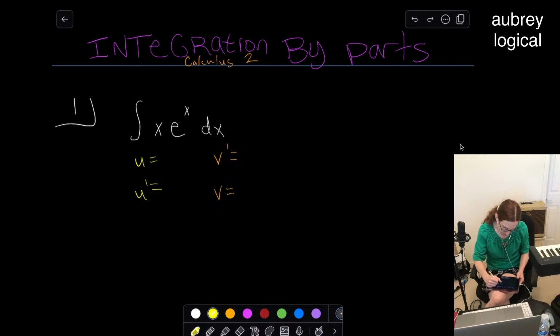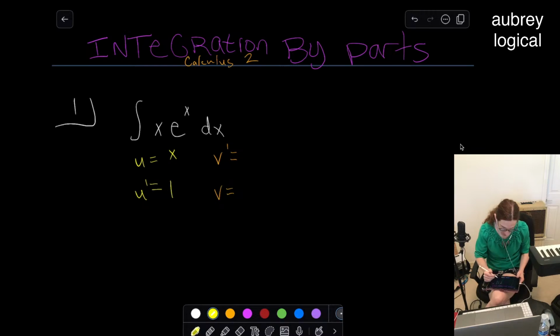For u, let's make it x, because it becomes easier after we take the derivative of it. The derivative of x just becomes 1, because each time you take the derivative, you remove a power of x.